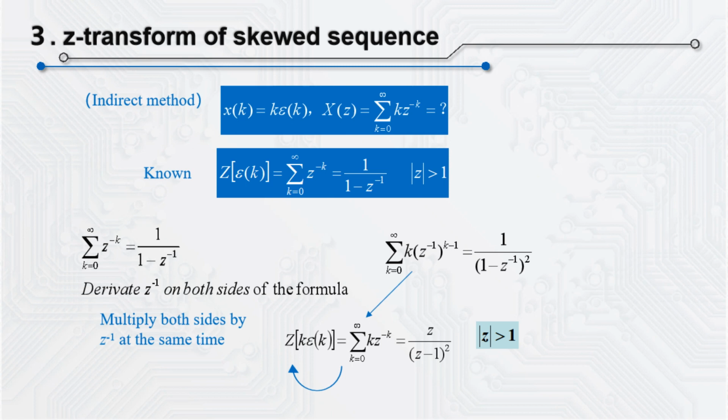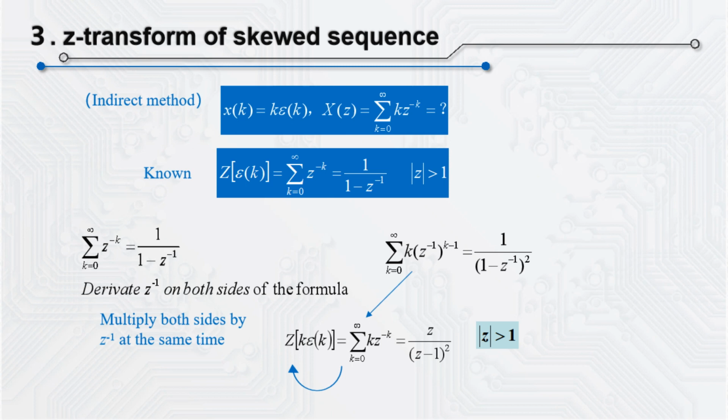It is more troublesome to directly solve according to the definition, so we use an indirect method to solve. We know from the previous example that the expression of z transform corresponding to epsilon of k is such a form. Let's transform this formula.